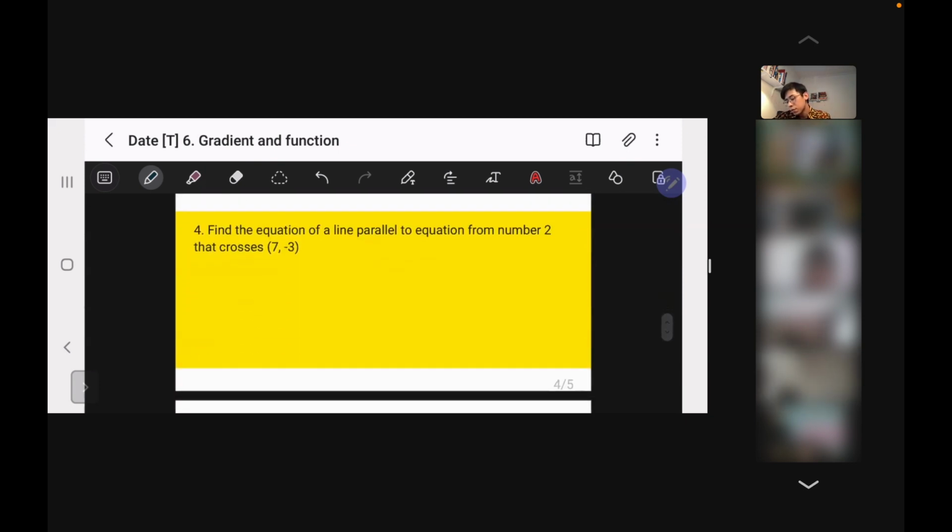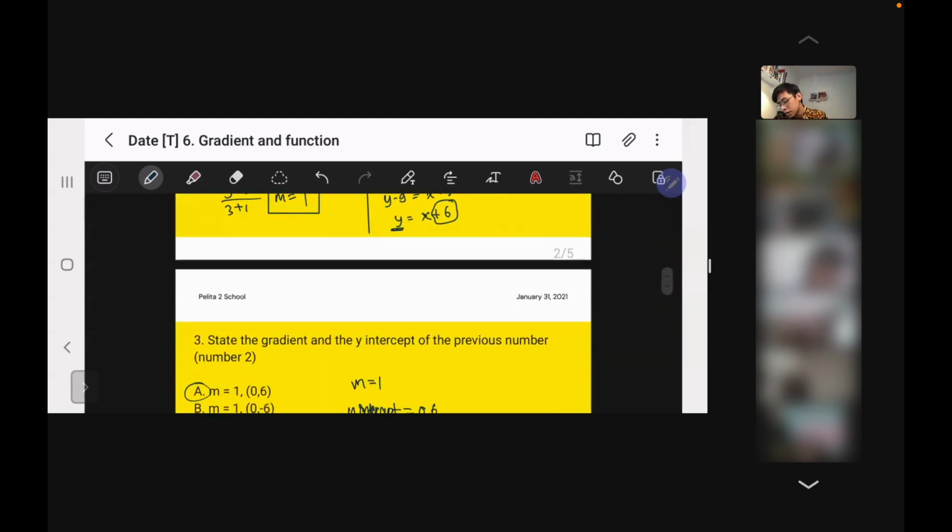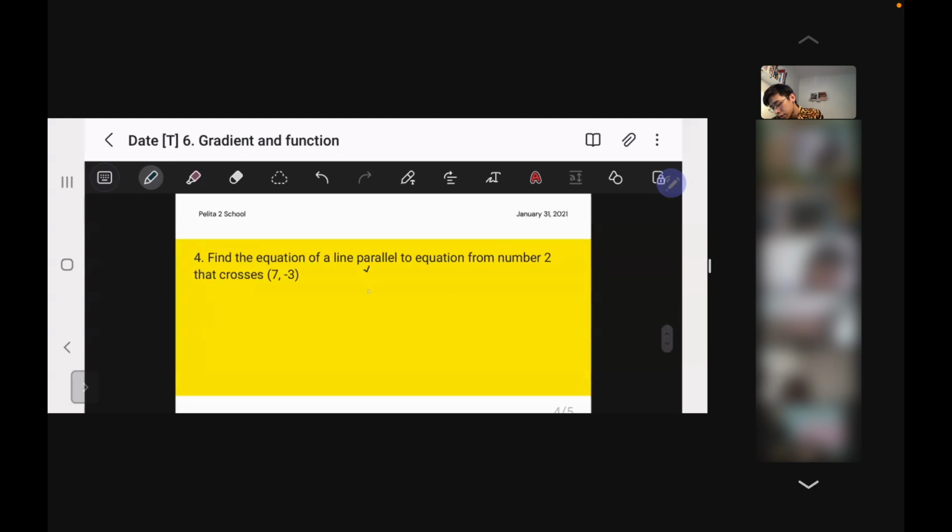Find the equation of line parallel to the equation from number 2. Parallel, because of that information, we can conclude that m is equal to 1. The line crosses 7, minus 3, and we use the same formula, y minus y1 equals m times x minus x1. So y plus 3 equal 1 times x minus 7.